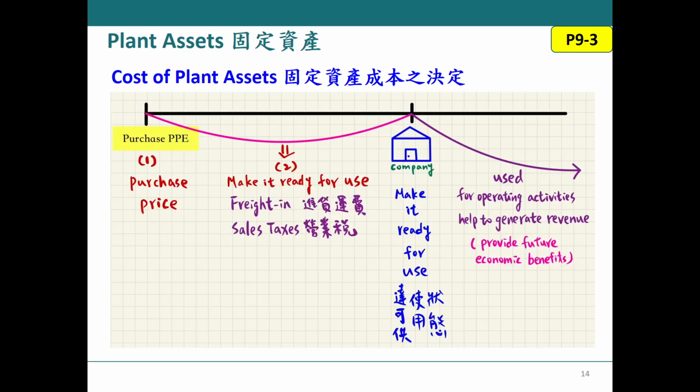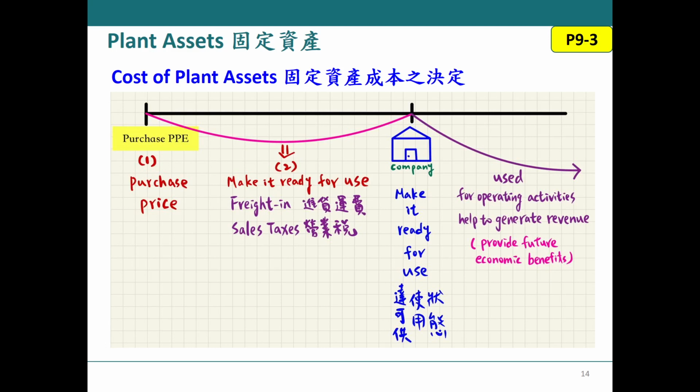So based on this, remember 1 plus 2? What's 1? Purchase price. What's 2? During the whole process, maybe freight-in. Remember? Delivery fee paid by the buyer, and sales tax, 5% in Taiwan.